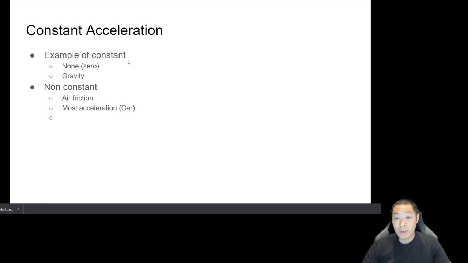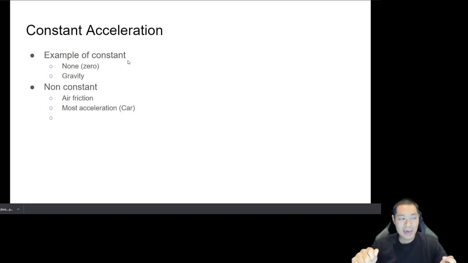Most acceleration of cars is going to be non-constant, because even if you floor it, the engine takes a while to get started. It's going to hit a peak RPM or peak power, and that's where it's going to push the car the most. Even in a fancy electric car, there's a lot of acceleration in the beginning, and then towards the end, there's not as much. So cars, even rockets, they all have different types of acceleration.